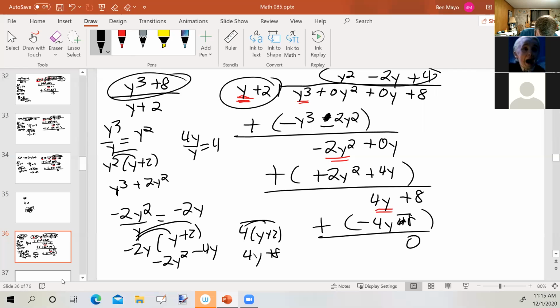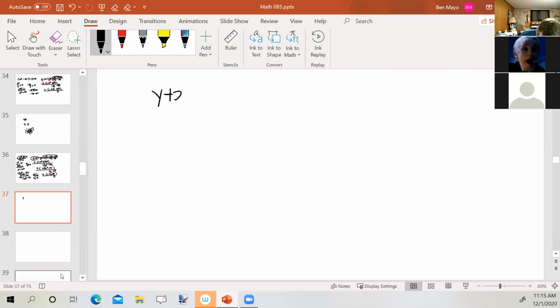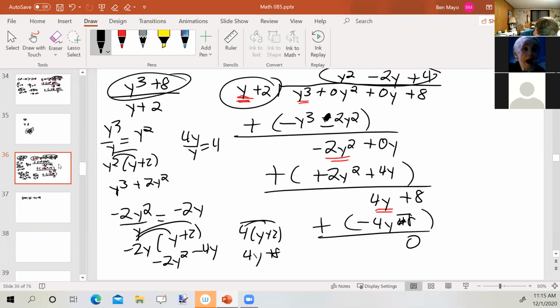I'm going to go to the next screen, and I'm going to take y plus 2 times y squared minus 2y plus 4. So I'm taking the quotient times the divisor, and I should get the dividend.